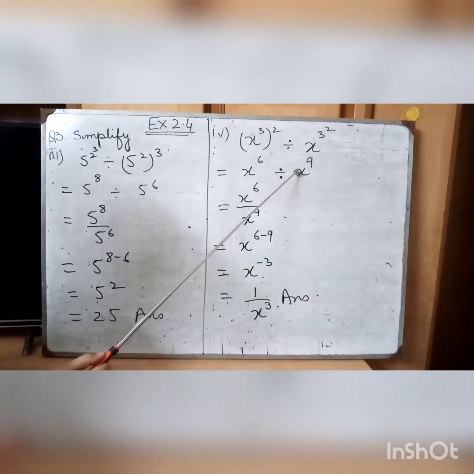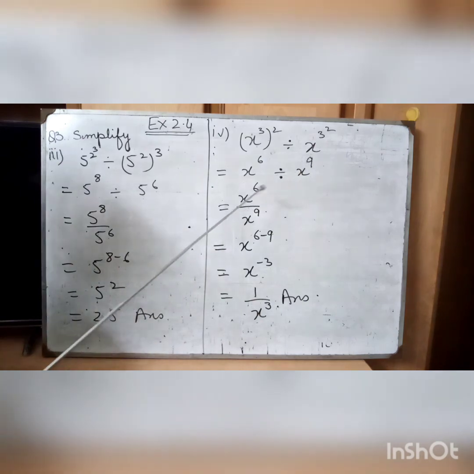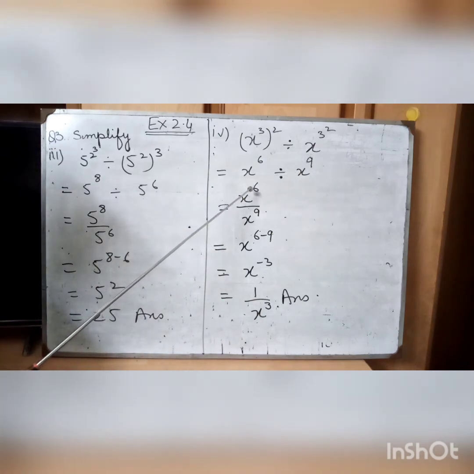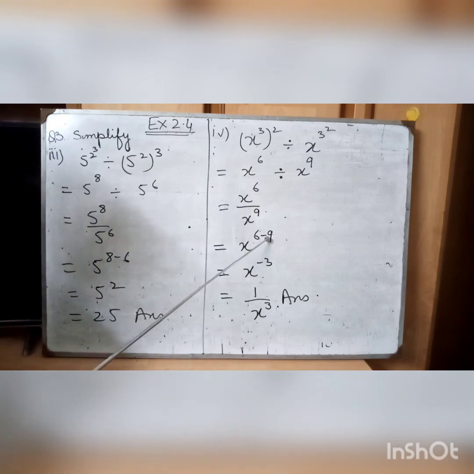Therefore, the exponent of x is 9. Then x raised to power 6 divided by x raised to power 9, using the law of indices, x raised to power 6 minus 9, which is equal to x raised to power minus 3. Again, using the law of indices, we have 1 over x raised to power 3, which is the correct answer.